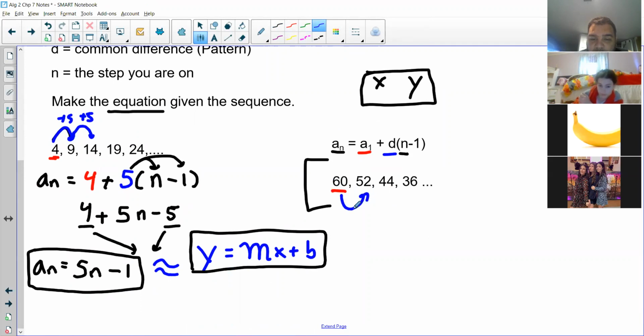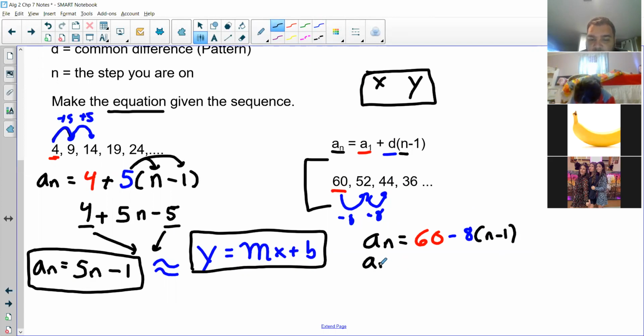All right. So the pattern here should be -8, -8, and your starting point is 60. So we're going to write the equation. a_n equals 60 minus 8 times n minus 1. 60, negative 8, n minus 1.